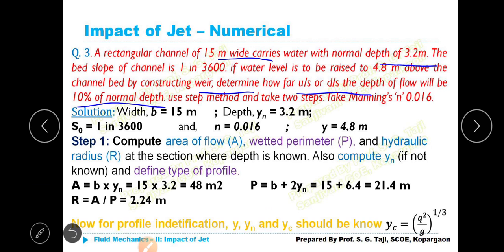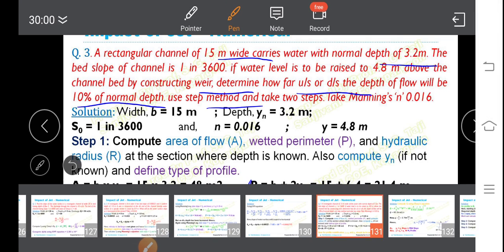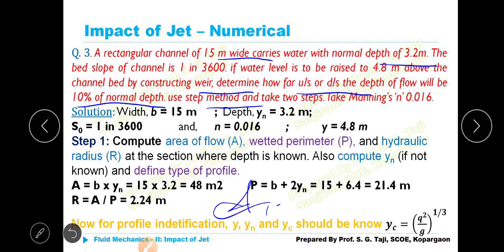Use step method. Step method means direct step method. That word need not have to be given. So you have to solve by the direct method. And take only 2 steps.